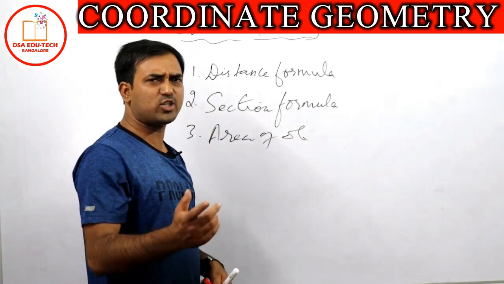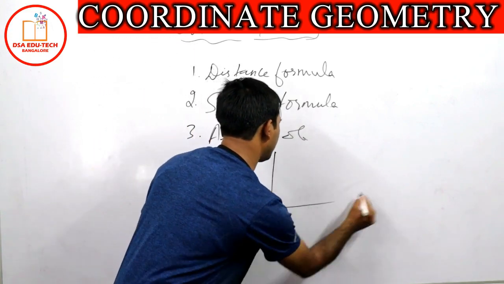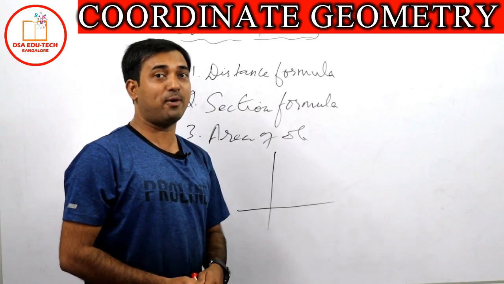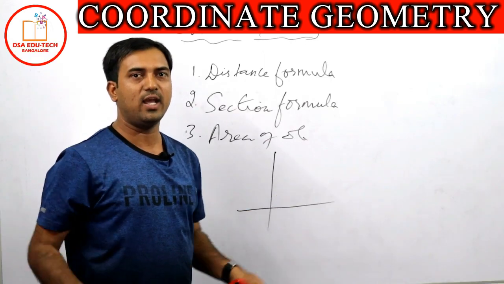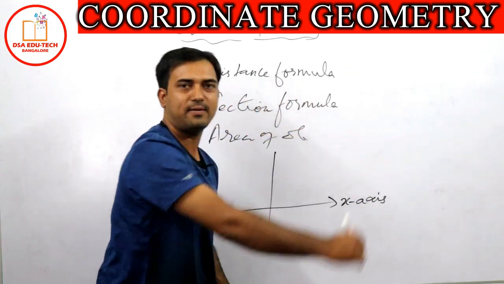Before we go to the actual formula, let me remind ourselves of some basics. We know there are two types of axes. The horizontal line we call the x-axis, we all know, right?